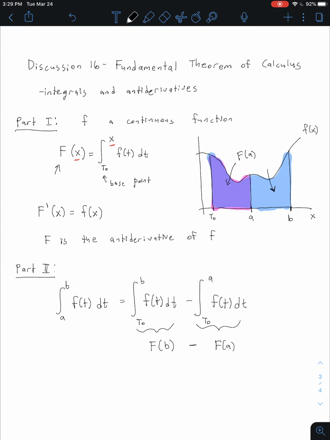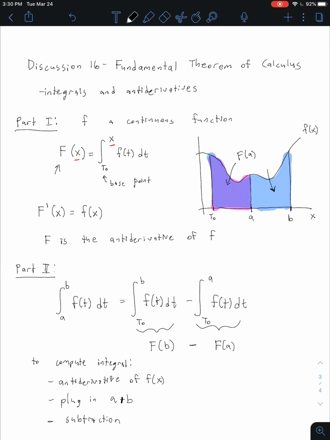So the way we compute the integral, we start by taking the antiderivative, and then we want to plug in our endpoints, and then we want to do the subtraction.